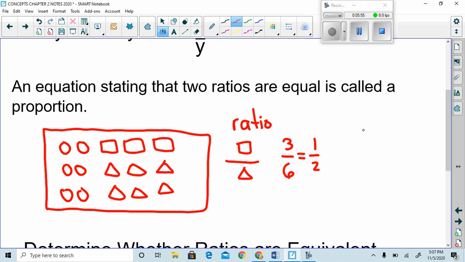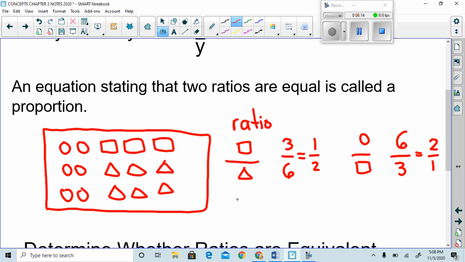Let's now look at the ratio of circles to squares, where there are 2, 4, 6 circles and 3 squares, so that's a 2 to 1 ratio. I might just do one more.